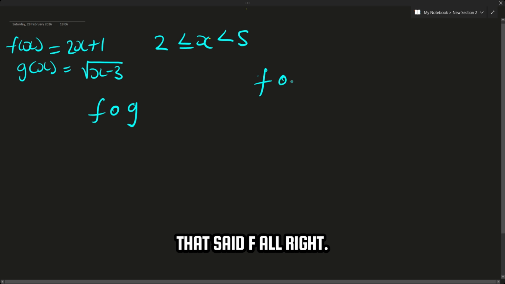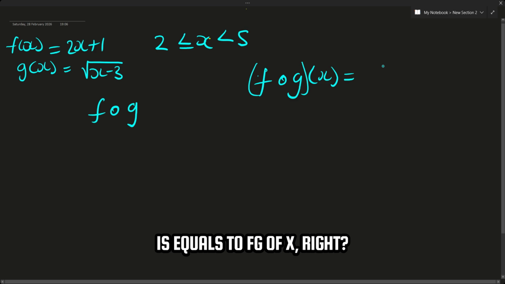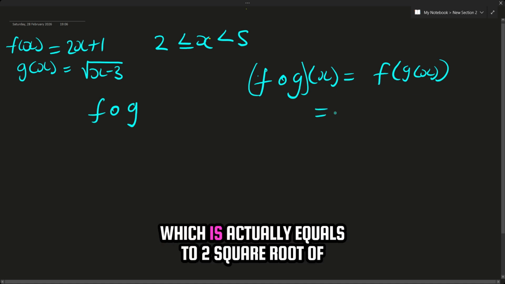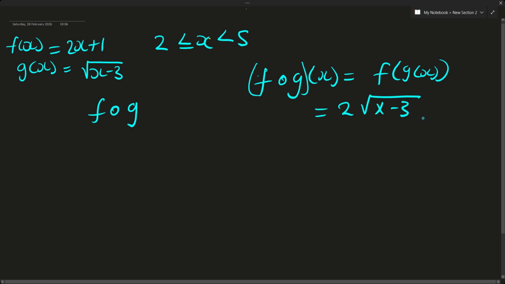Let's say f of g of x, right, which is actually equal to 2 times square root of x minus 3, plus 1, right?